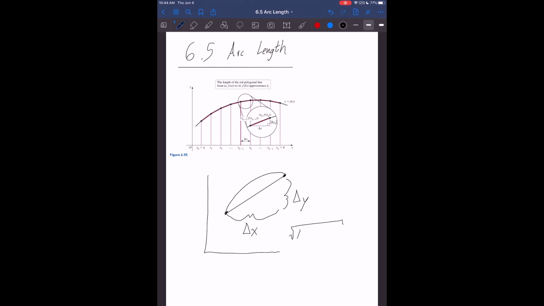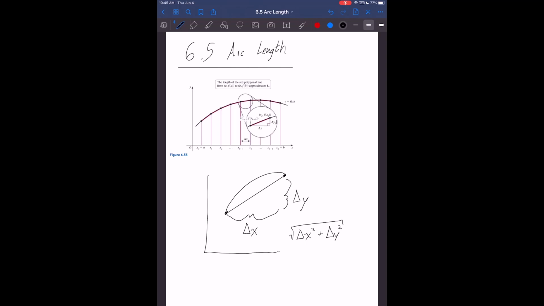Well, we know that the length of the curve is going to be the square root of delta x squared plus delta y squared, right? This just follows directly from Pythagoras' theorem, a squared plus b squared equals c squared.